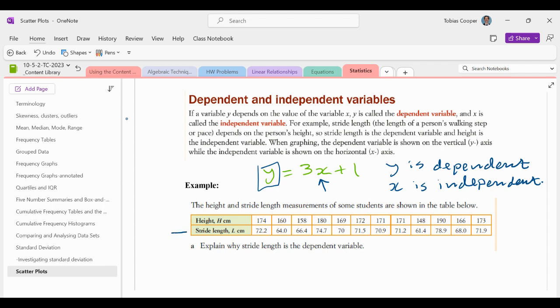So that means down here, stride length is the dependent variable and the height is independent, because your stride length depends on how tall you are.